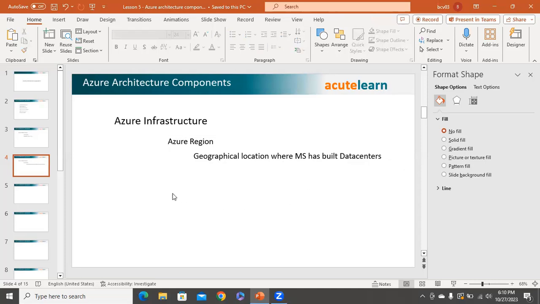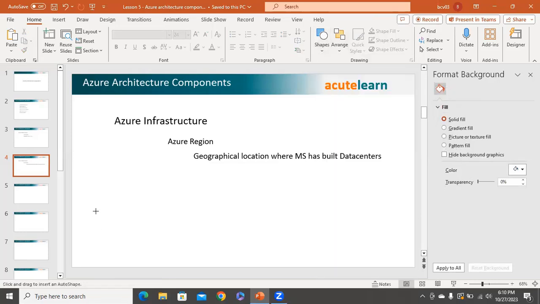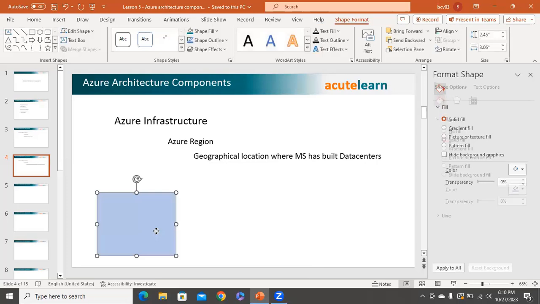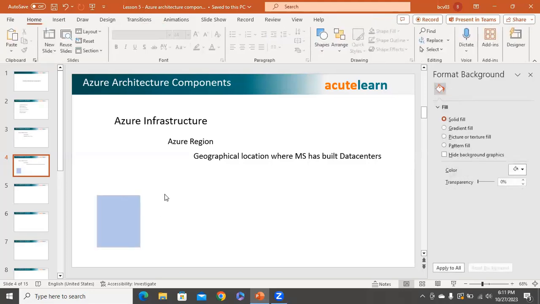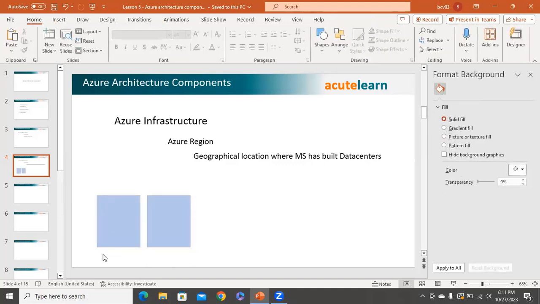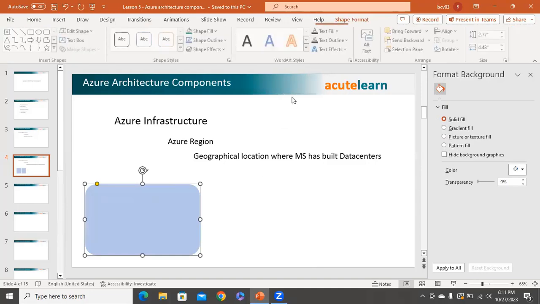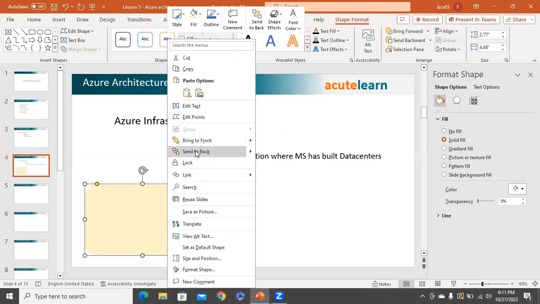So what Microsoft does is they have built data centers, and there could be 2-3 data centers. For these data centers, they're calling that a region.